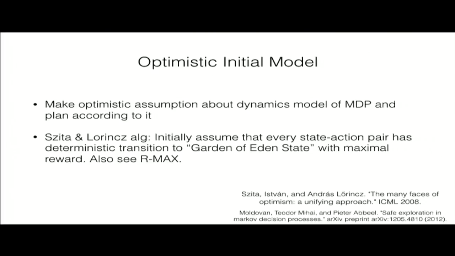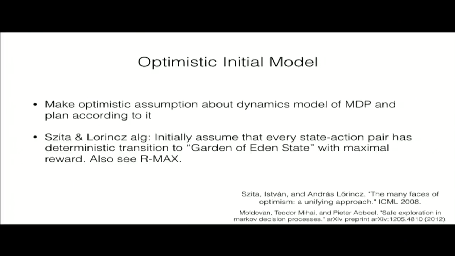Rmax is one of the earlier versions of this idea. A simpler version was provided in this nice paper by Szita and Lorincz, where you initially assume that every state action pair has a deterministic transition to the Garden of Eden state, where you get maximal reward for all future time steps. So you construct this augmented MDP with the Garden of Eden state, and you initialize your model so that all state action pairs transition to that state with high probability.